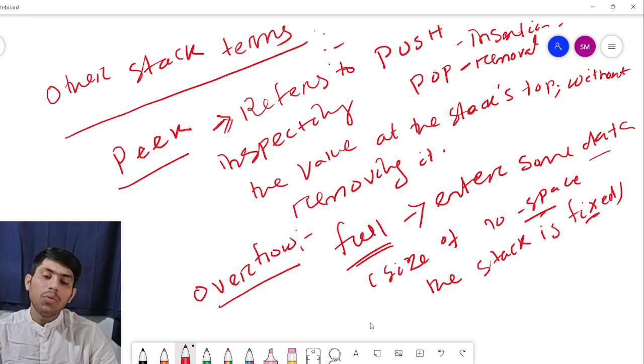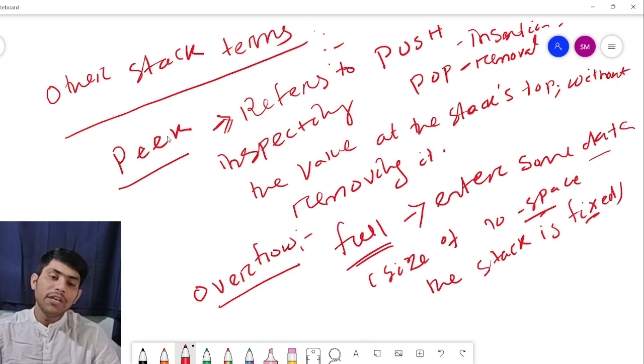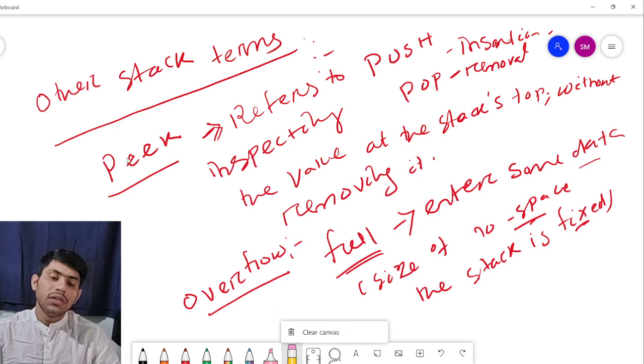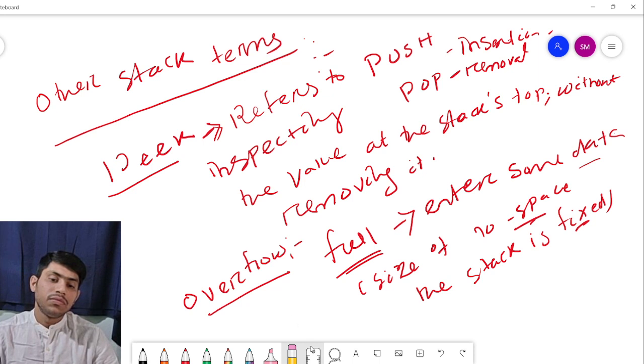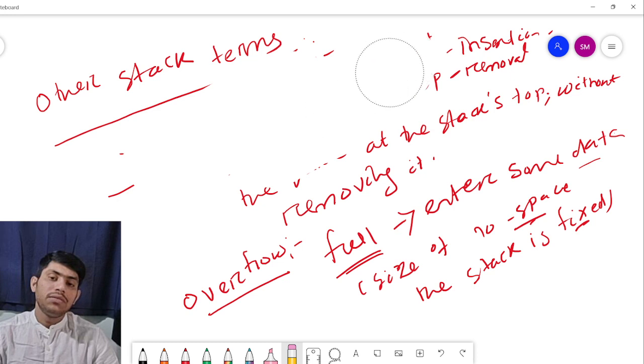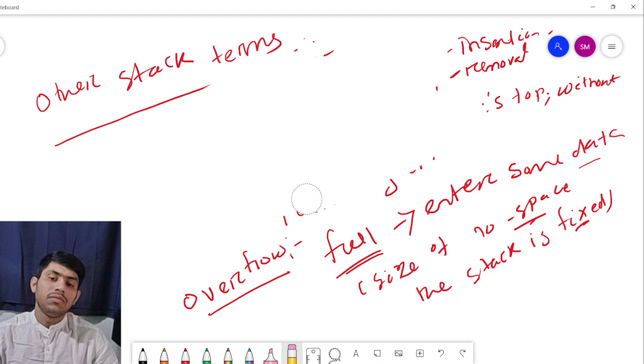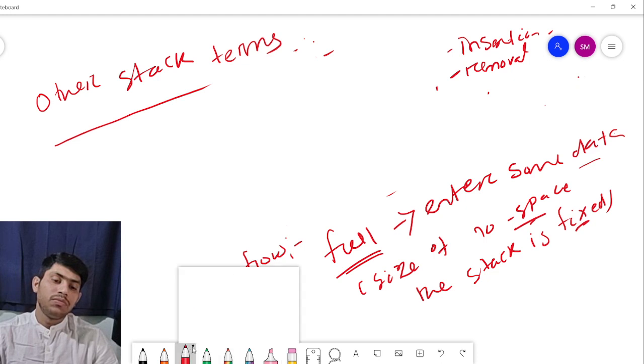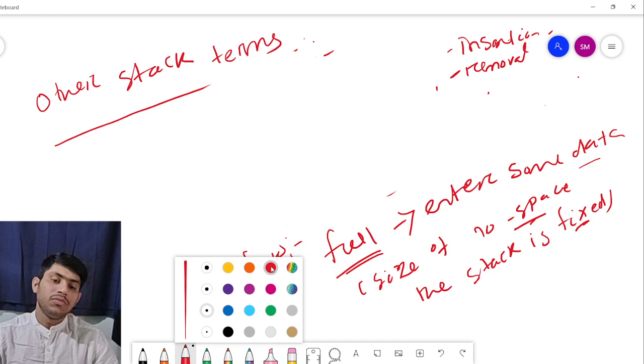Then come to underflow. I think everyone understood peek. I am erasing this one. Now come to underflow.